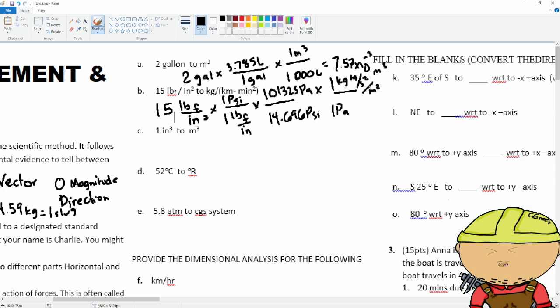Cancel Pascal, cancel psi, cancel pound force per inch squared. What do we have?